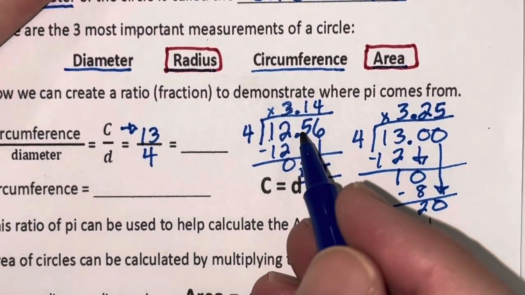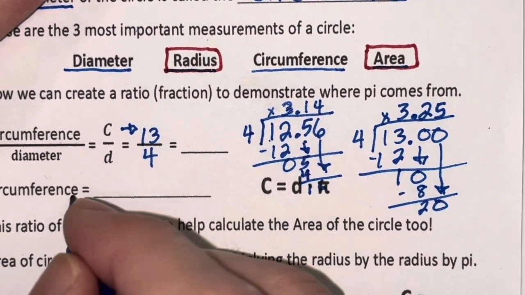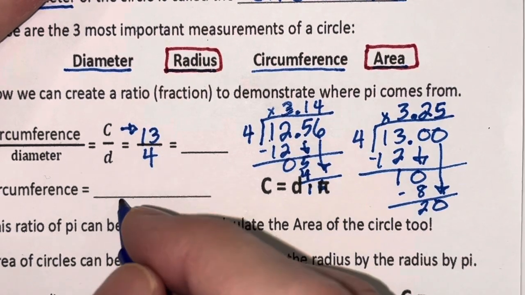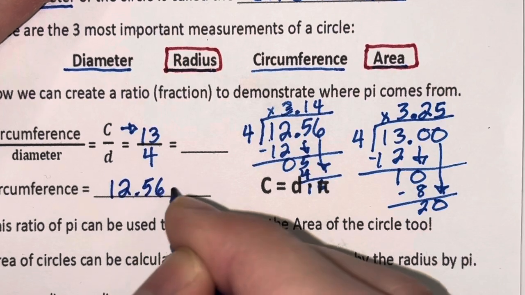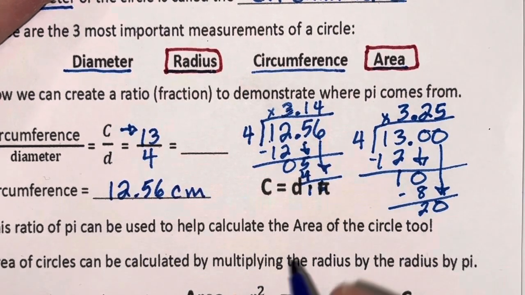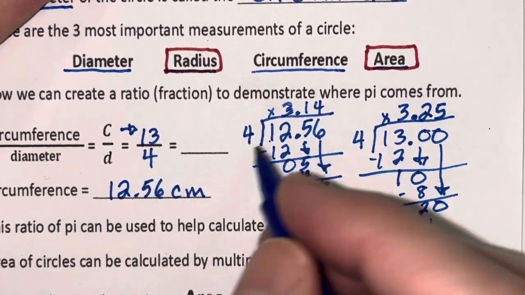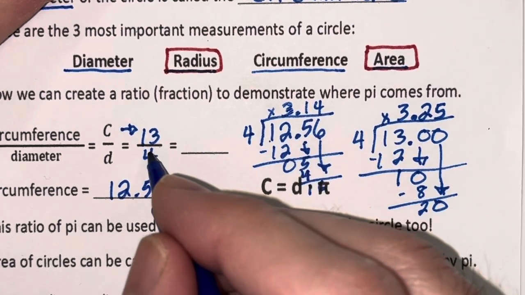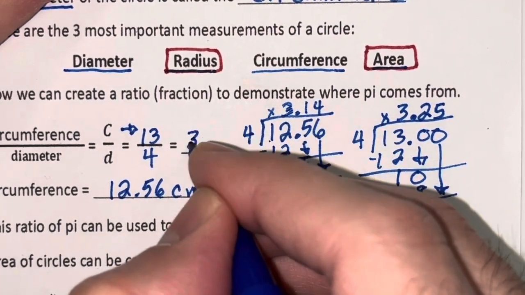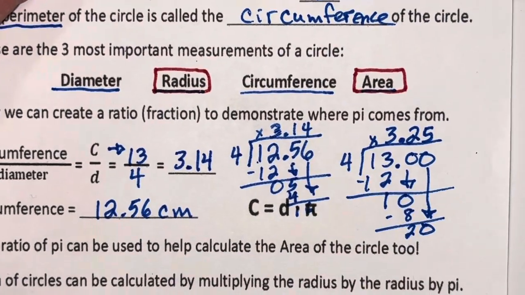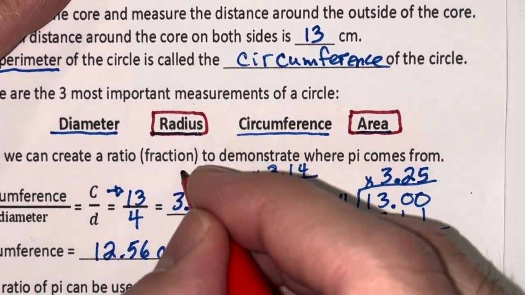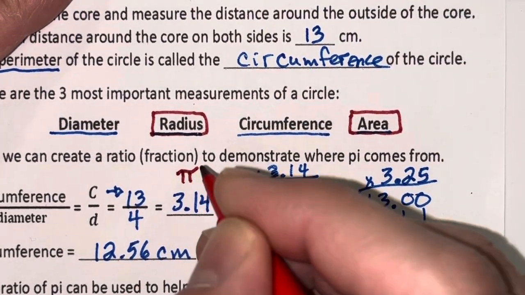But the circumference was the distance around the circle, and the circumference was, we're going to use 12.56 centimeters. And when we divided 12.56 by the diameter, we got 3.14. And that 3.14 is going to be our Greek symbol.